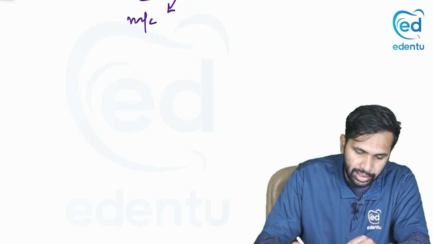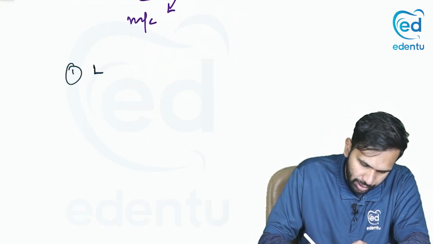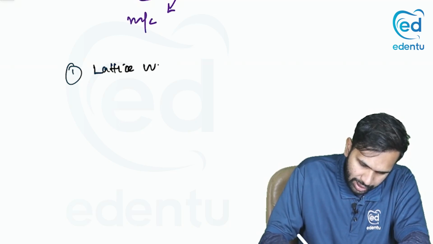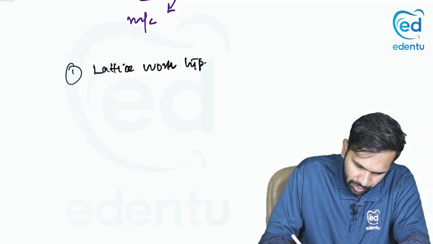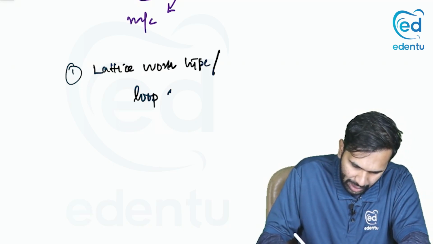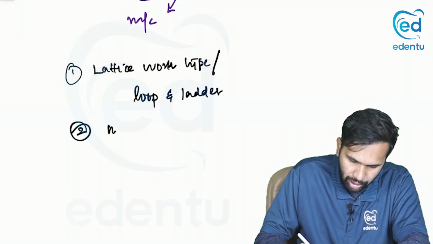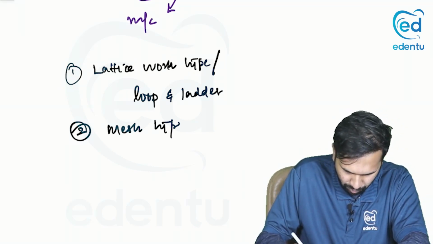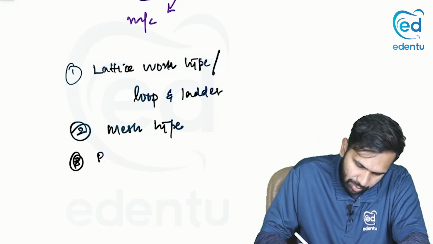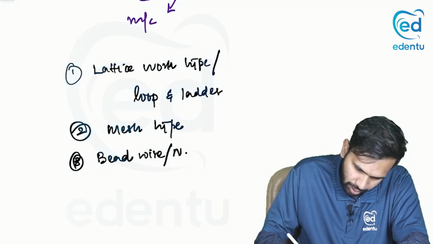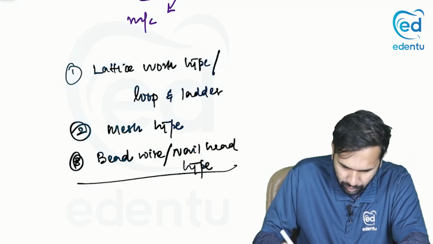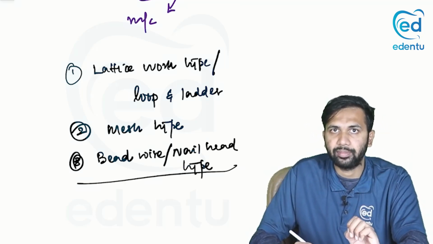So there are 3 types for that. Number 1 is your lattice work type, also called loop and ladder. Number 2 will be your mesh type. Number 3 will be bead, wire or nail head type.